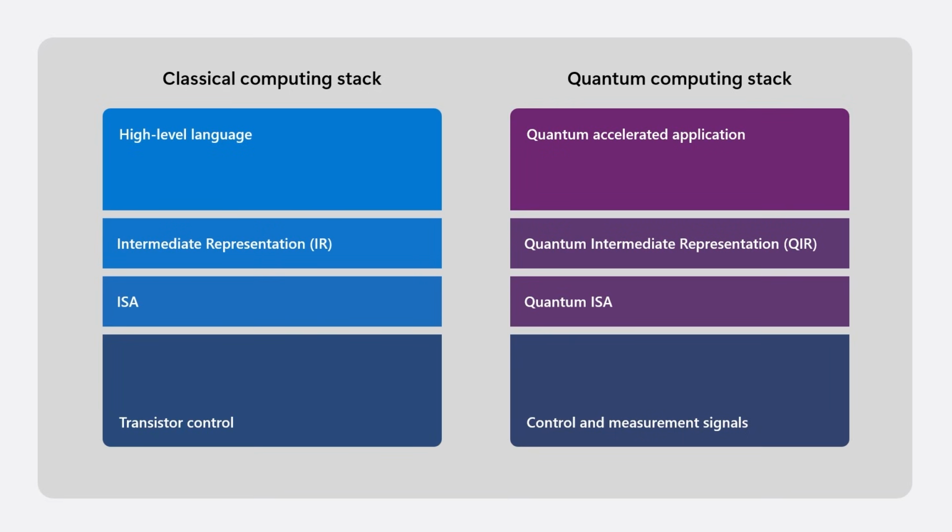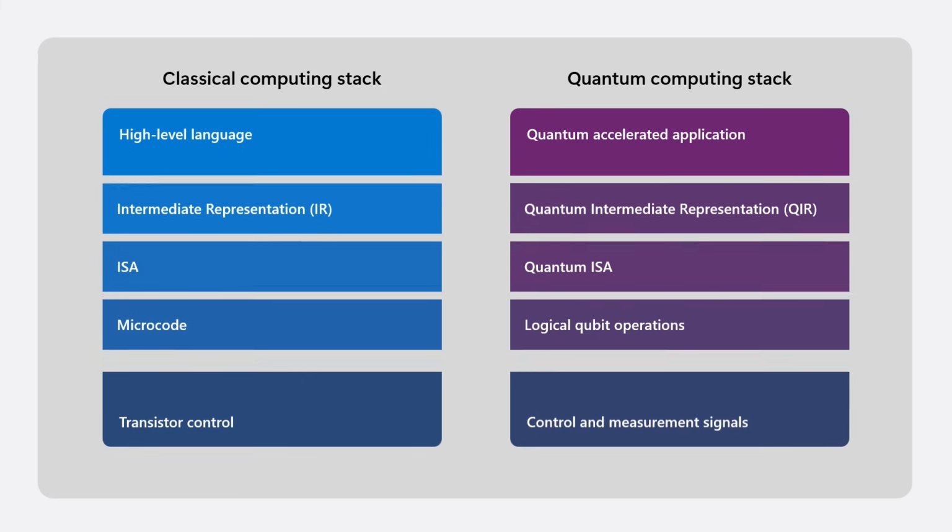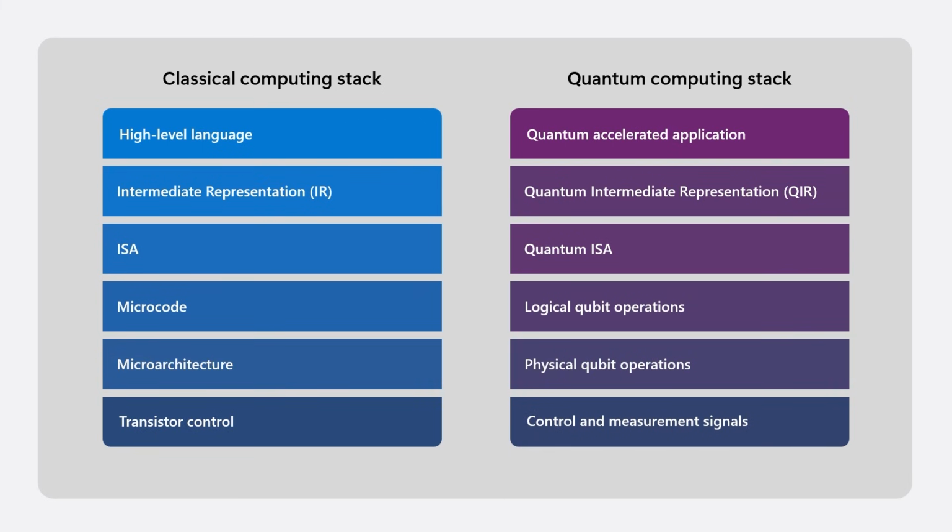Then within the CPU, the instructions are turned into microcode, and then into the control signals to the transistors. On the quantum side, the quantum instructions are turned into logical qubit operations, the physical operation, and then again into the control pulses sent to the qubits.